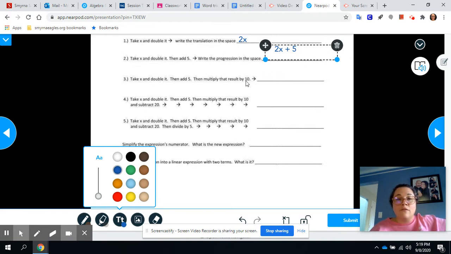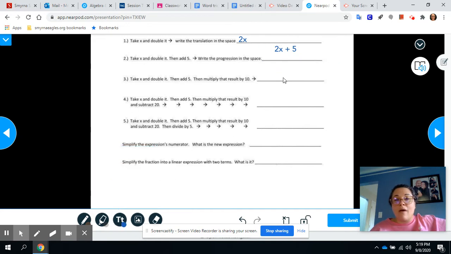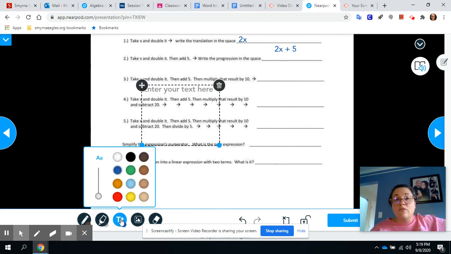Now we're going to continue this progression, and on number 3, it says take X and double it, so that's our 2X, add 5, that means our plus 5. So we're taking this right here that we just did, and now we're going to multiply the result by 10. The way that we show multiplication is by using parentheses.